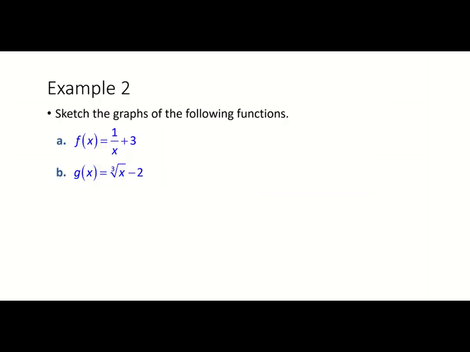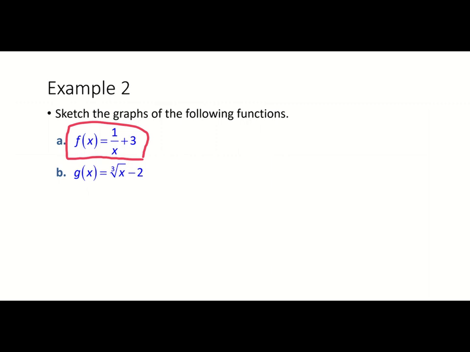All right, so what we're going to do is look at and sketch, and I'm going to show you printed out ones because it's easier, the graphs of the following functions. So our first function is f of x equals 1 over x plus 3. Now again, for this one, you want a parent function, and then you want to know what the change to it is.